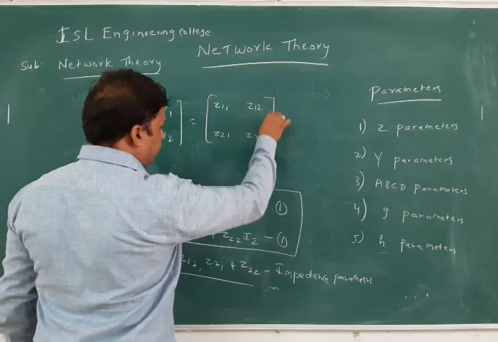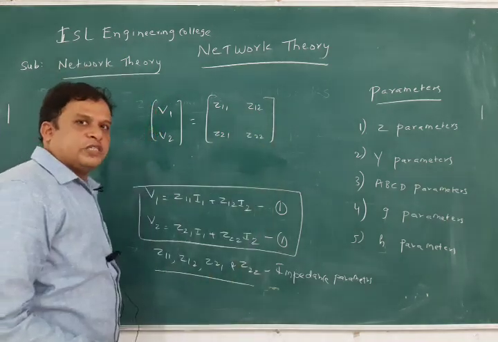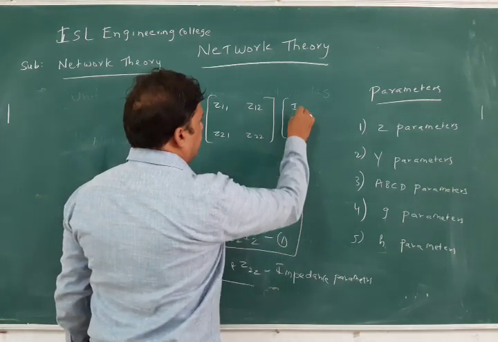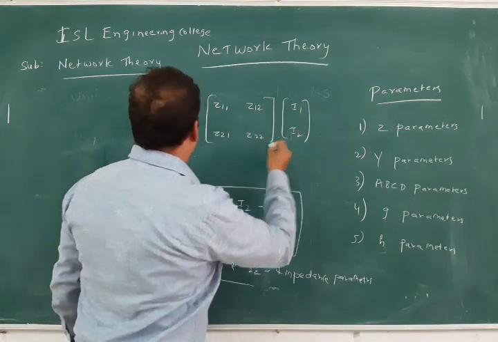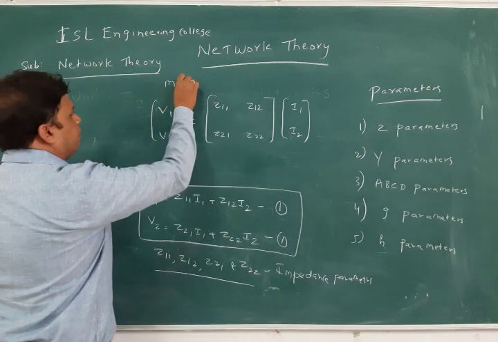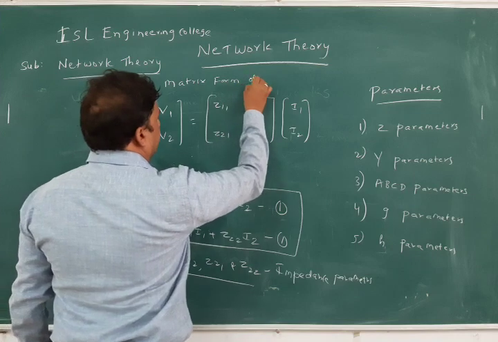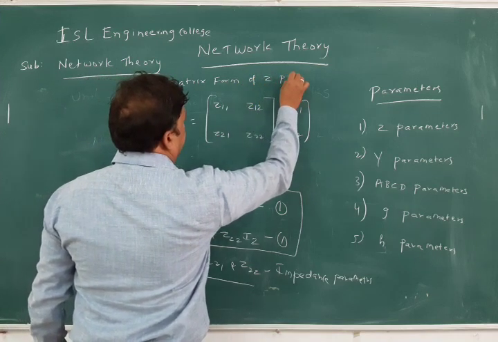These are the coefficients called impedance parameters, and this is your current column I1 and I2. So, this is the matrix form of the Z parameters.